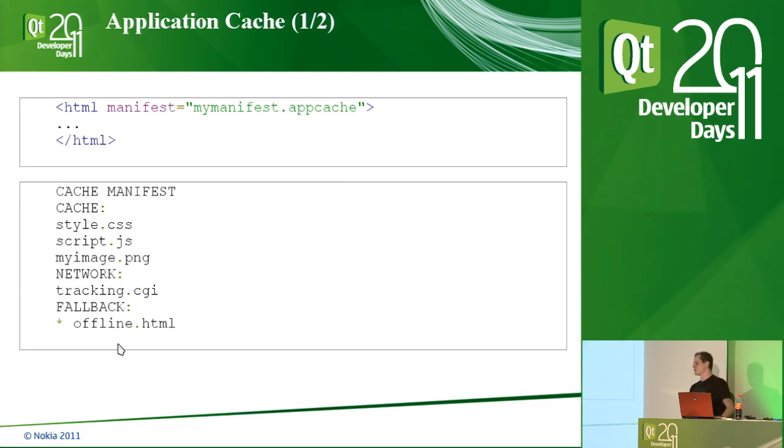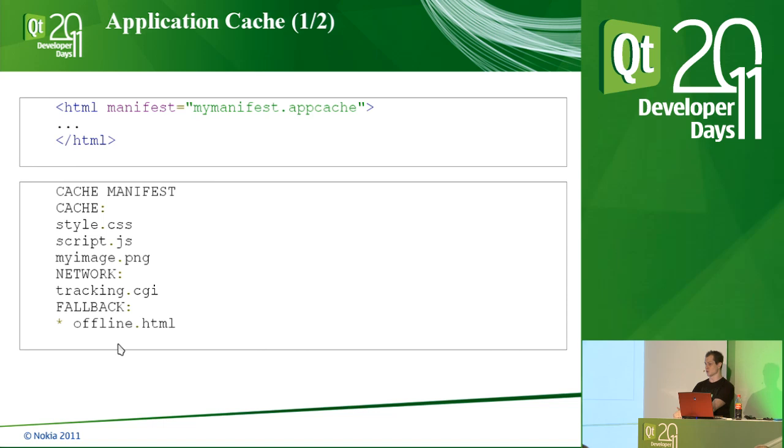There's also application cache. The way it works is, it's not a cache where you put stuff, it's caching resources. On the HTML tag, you specify a manifest, and in the manifest you describe what you want to cache on the hard drive.